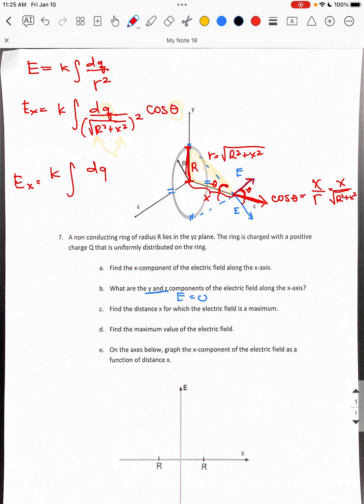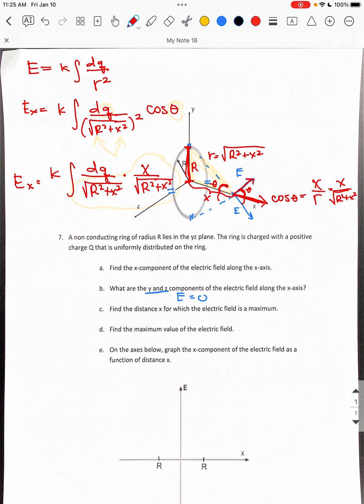I've got dq over the square root of R squared plus x squared, squared, times x over the square root of R squared plus x squared. I forgot to square this denominator. And then I know that I can pull out all of my constants here.